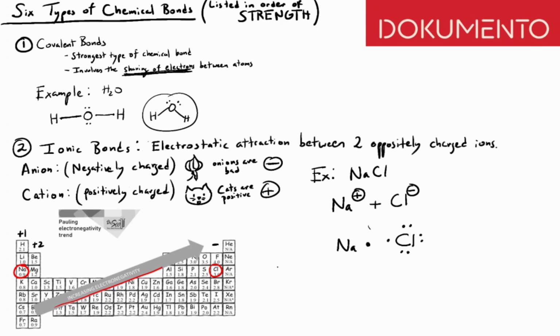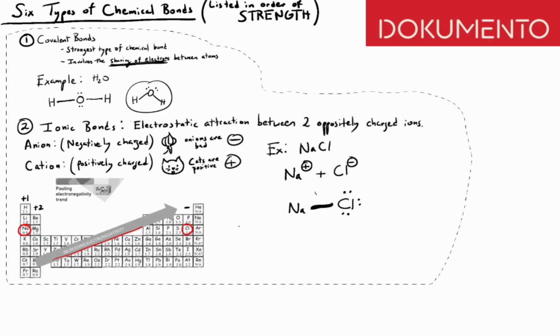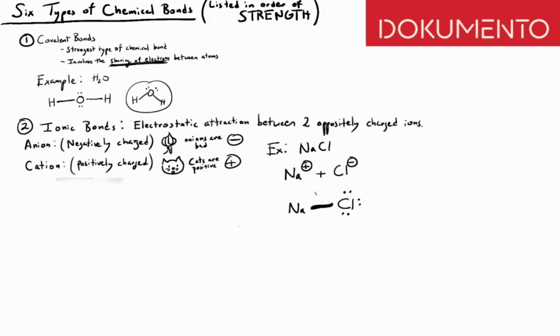Sodium has a +1 charge to it, so it's willing to donate its extra electron to chlorine, which is much more electronegative. Chlorine wants to take that electron away from sodium. It's an anion, and that's how we get that bond forming there. So you'll always see more electronegative atoms wanting to steal electrons from the less electronegative atoms. It's kind of just how that works.